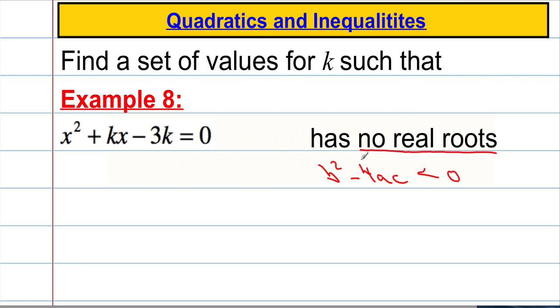If it's less than 0, we're trying to take the square root of a negative number, and that's quite tricky to do unless you have an understanding of complex numbers, which is not on the course. So, in this case, a must equal 1, coefficient of x squared is 1, b will equal k, and c will equal negative 3k.